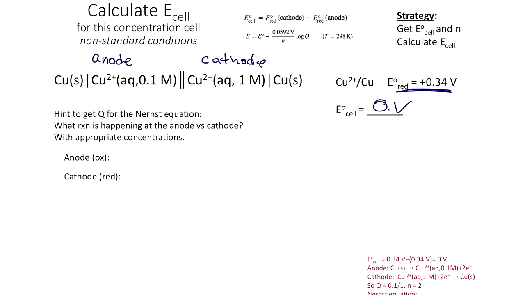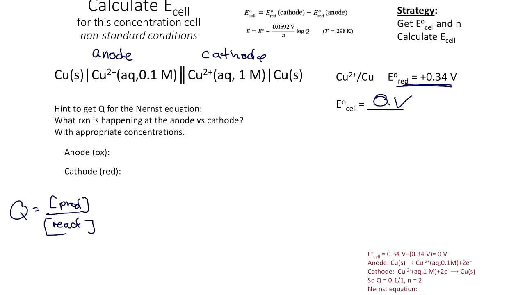But what's hard is determining, okay, what is my Q expression? I know that Q is products over reactants, but the question is, which one is my product and which one is my reactant? So let's take this stepwise. In the anode reaction, this is oxidation, so look at the concentrations in your anode.